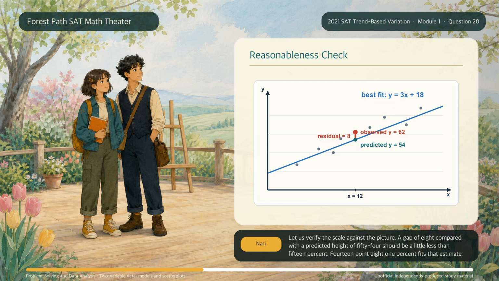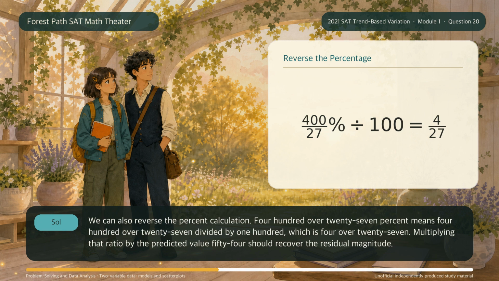Let us verify the scale against the picture. A gap of 8 compared with a predicted height of 54 should be a little less than 15%. 14.81% fits that estimate. We can also reverse the percent calculation. 400 over 27% means 400 over 27 divided by 100, which is 4 over 27.